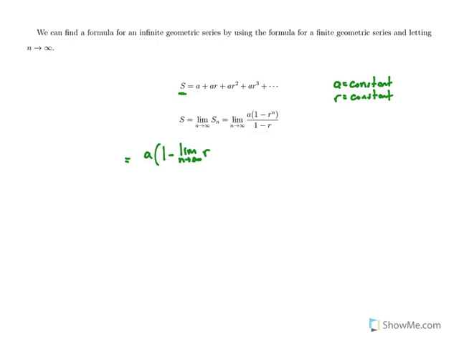So using some limit rules, we can rewrite this limit as A times 1 minus the limit of R to the n, over 1 minus R. And what this all comes down to is what is the limit, as n goes to infinity, of R to the n.